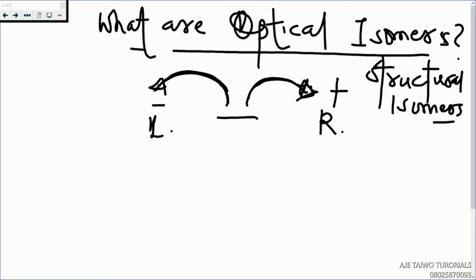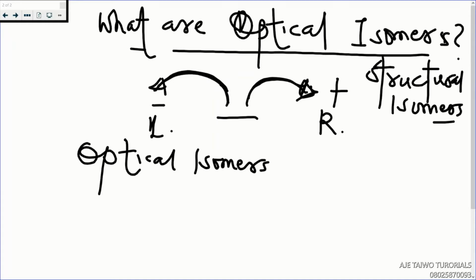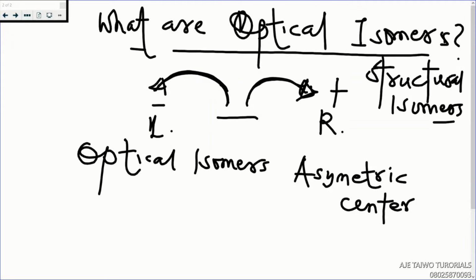Optical isomers must have an asymmetric center or a chiral center.